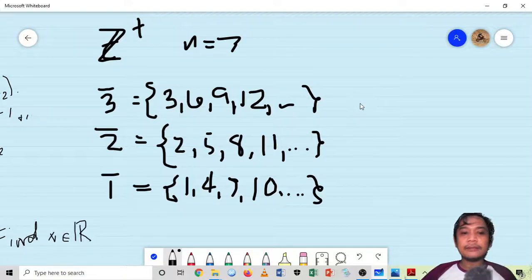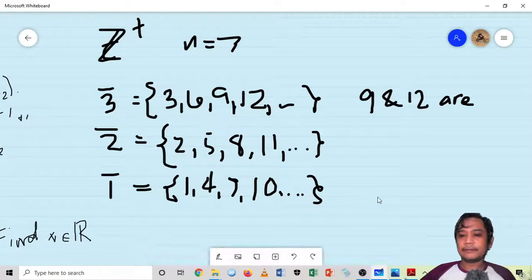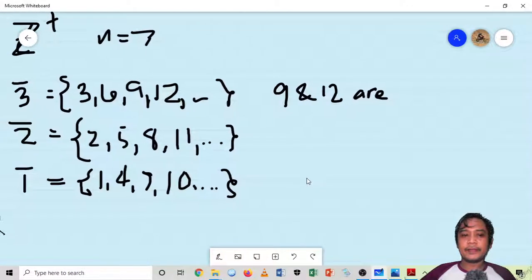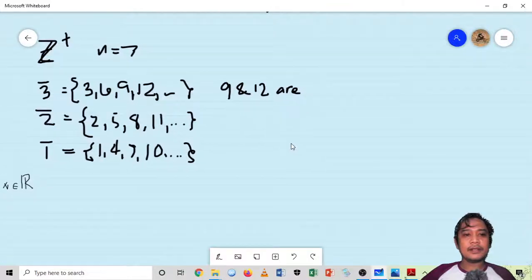So we say that, say, 9 and 12 are congruent modulo 3.